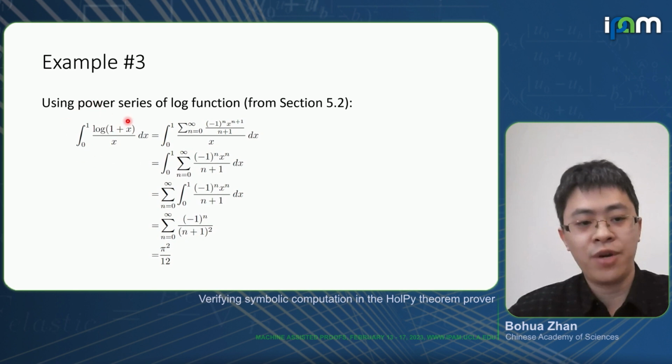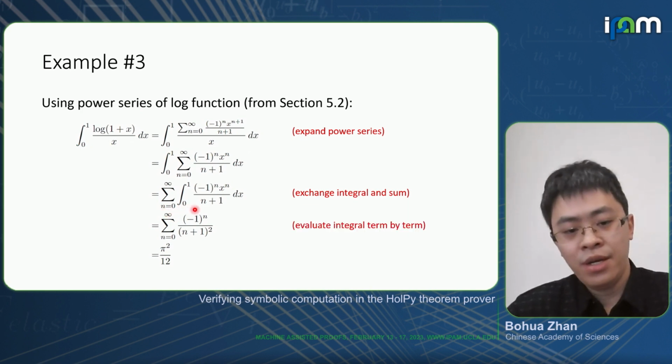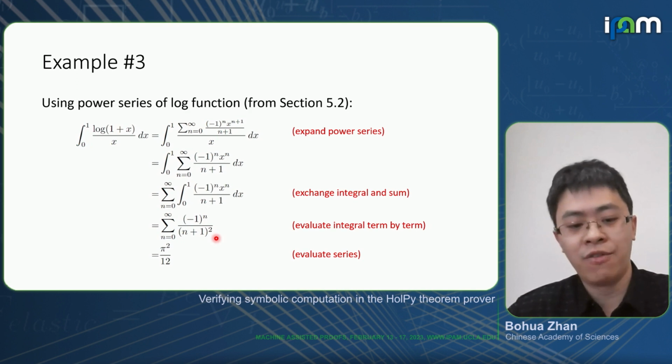To evaluate this definite integral, which could not be done in closed form without using some very advanced special functions, we first expanded the Taylor series for the log function, and then after some simplification, we exchange the integration and the sum, perform the integration within the sum, and then we notice that this is an infinite alternating sum of squares, which can be evaluated directly to be pi squared over 12.